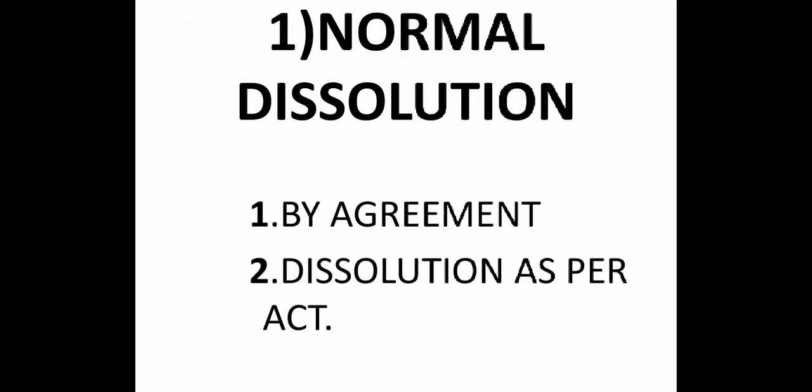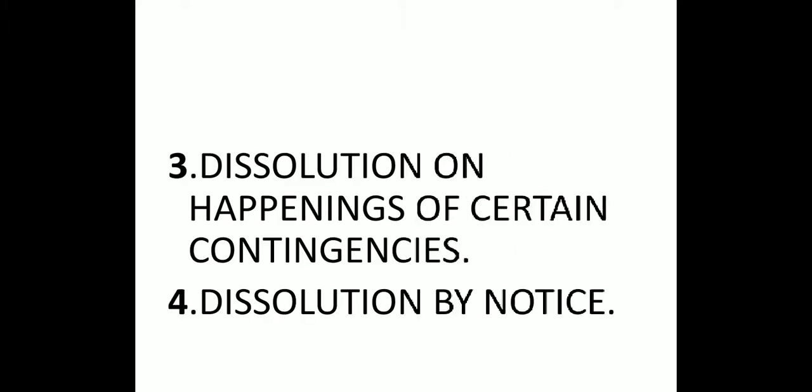We've understood the first method, normal dissolution, consisting of five points, of which one is missing here by mistake. And now we are going to understand the second method of dissolution, which is dissolution by the court.